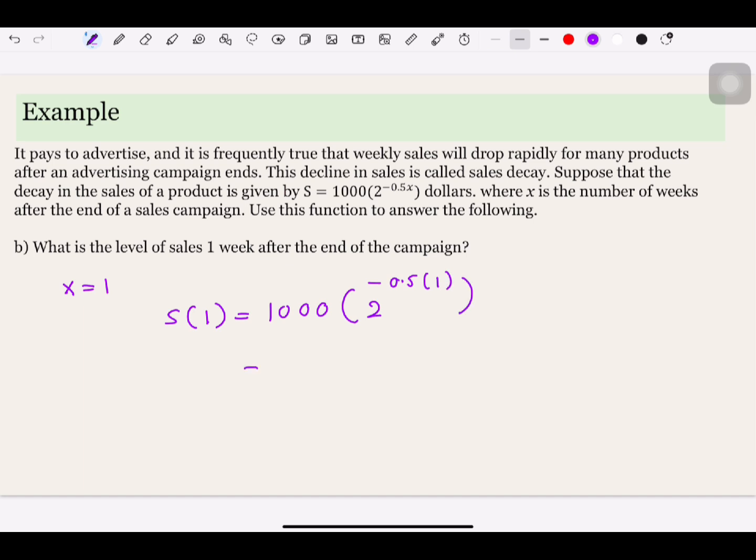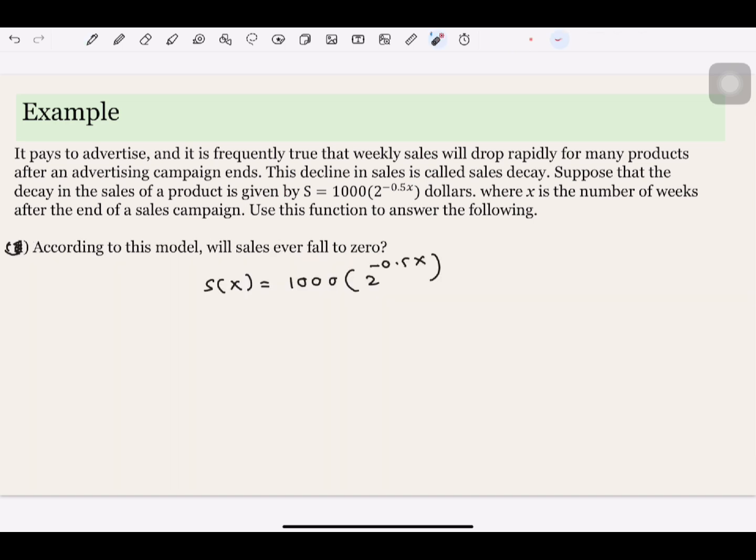Use your calculator to get this answer. 2 to the power negative 0.5, if you use your calculator, you'll get 707.1. So the level of sales 1 week after the campaign ends is approximately $707.1. This shows how rapidly the sales decline.